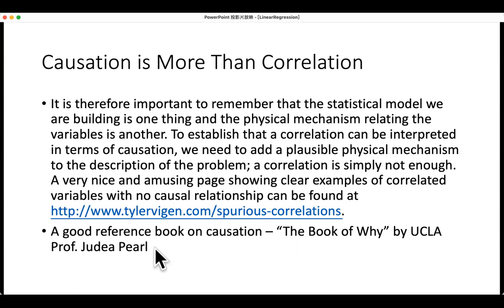I mean, he was a recipient of a Turing Award, a little bit more than 10 years ago, if I remember correctly.